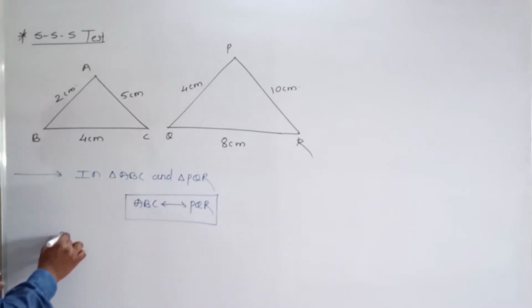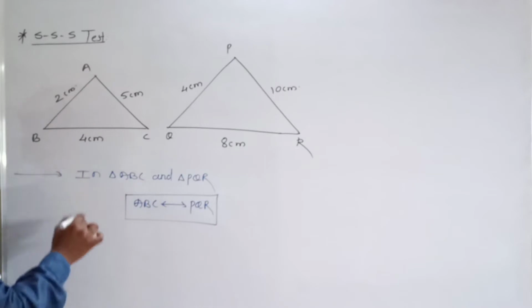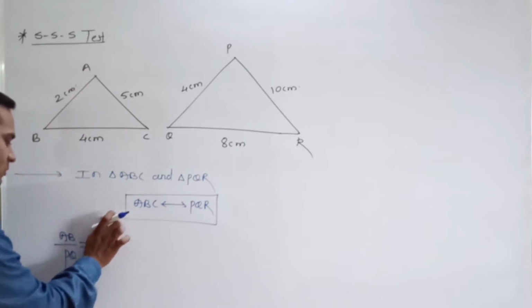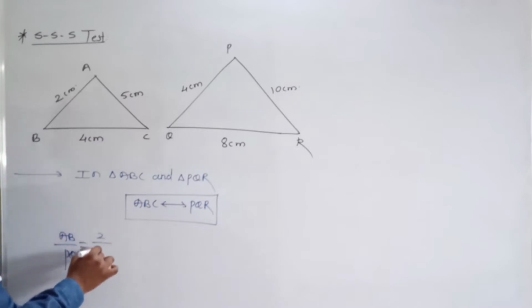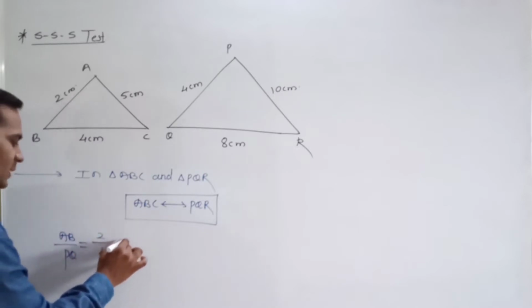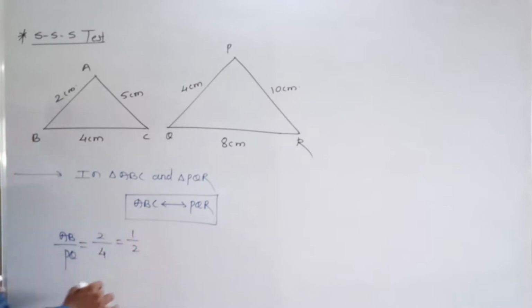AB upon PQ is equal to, AB is 2 and PQ is 4, so 2 ones are 2, 2 twos are 4.